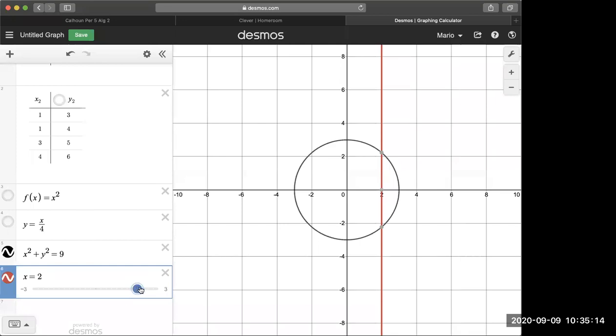So notice, as this line moves, how it keeps hitting the graph in two places. If you have a vertical line that hits a graph more than once, it is not a function. So this is not a function.